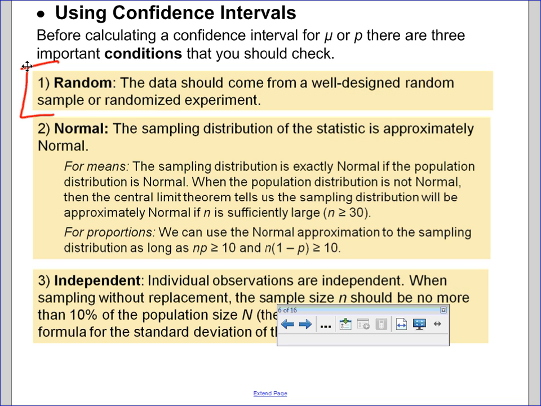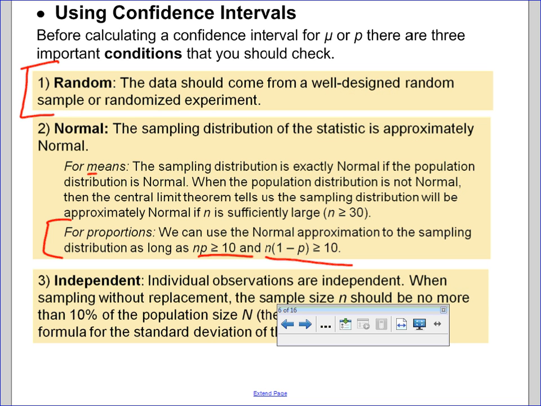Most of the math we're going to do requires that the sampling distribution has to be normal. For proportions, that means n times p has to be greater than 10 and n times 1 minus p has to be greater than 10.